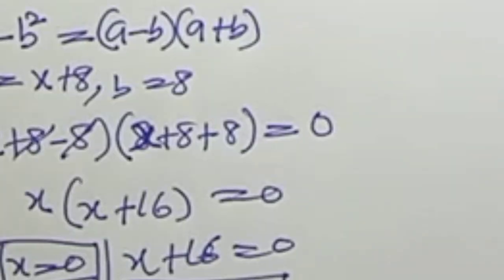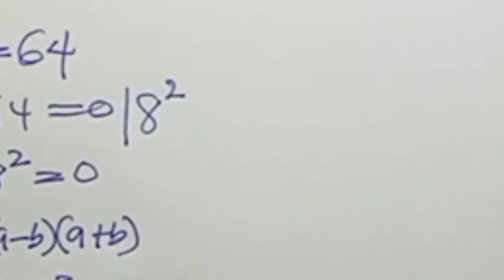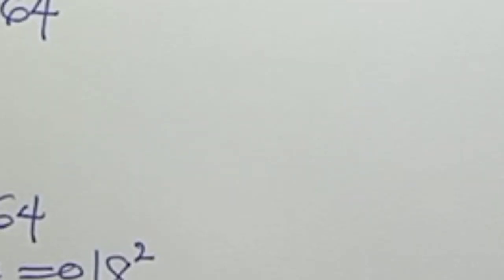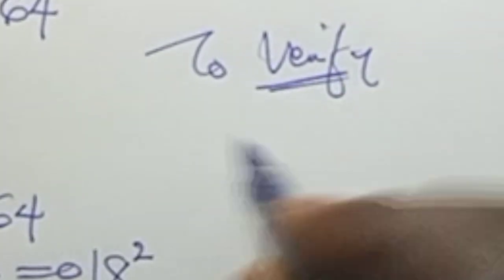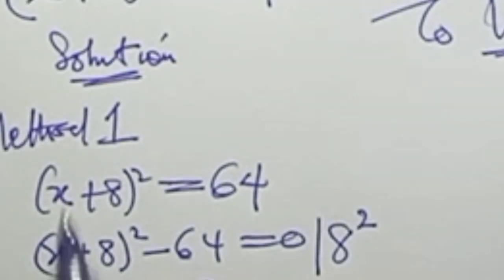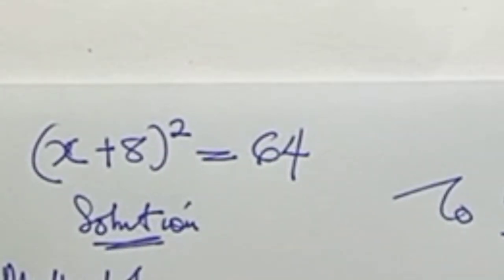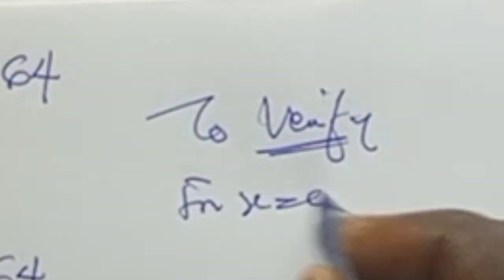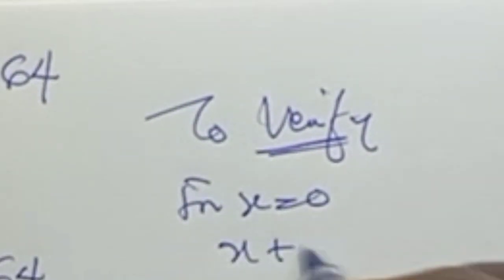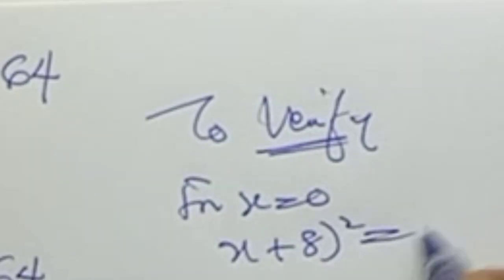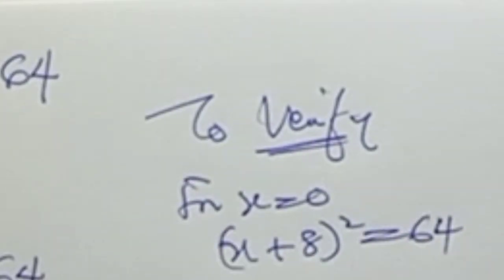We want to check if the values for x actually satisfy the original equation. That is, to verify our original equation, (x + 8)² equals 64. For x equals 0, (x + 8)² equals 64.